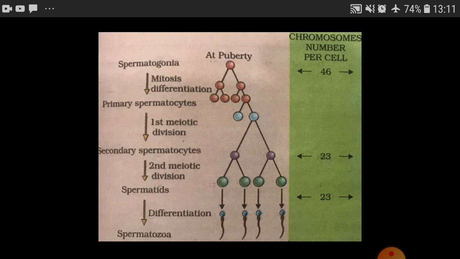So spermatogenesis starts at the age of puberty due to significant increase in the secretion of the hormone, that is the gonadotropin releasing hormone.